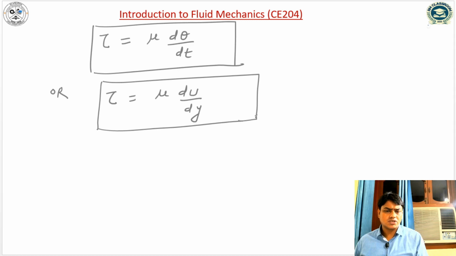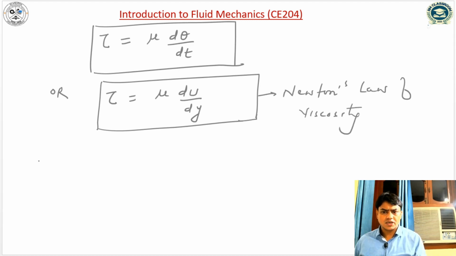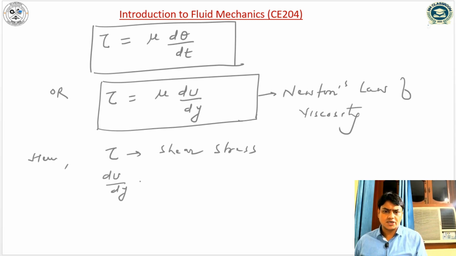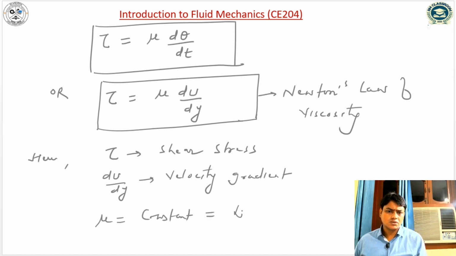So this is Newton's law of viscosity. Here tau is the shear stress, du by dy is the velocity gradient, and mu is a constant called dynamic viscosity.